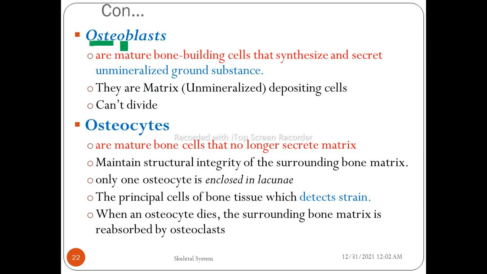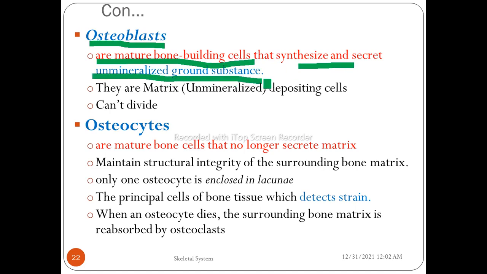The second type is osteoblasts. Osteoblasts are mature bone building cells that synthesize and secrete unmineralized ground substance, or matrix. By the way, osteoblasts come from the osteogenic cells.